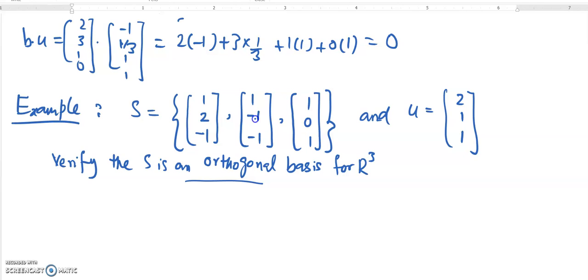So now the next part is, can we represent these vectors?